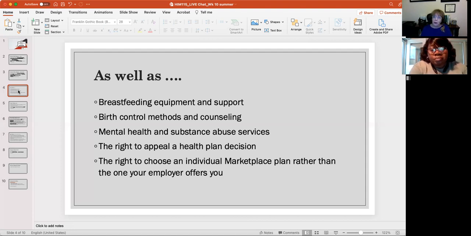Because remember that without health insurance, in addition to the usual, am I sick enough? Do I need to go to the doctor? In addition to that, without health insurance, you got to go, am I sick enough to go to a doctor, and can I afford to go to the doctor? Now you have two things in your head.